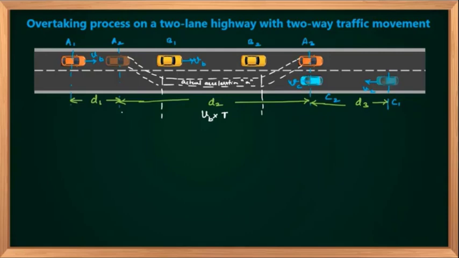And this distance is called the minimum clear distance between two vehicles. Is that clear? Minimum clear distance between the fast moving and slow moving vehicle is represented as capital S. It is the minimum clearance between two vehicles.